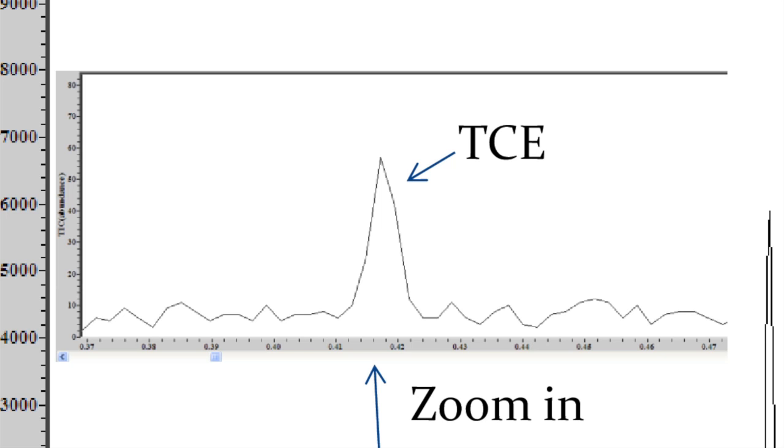In this particular case, we're interested in TCE in groundwater instead of in the soil. And so here's an example of a calibration curve for TCE in water. So again, if we took an unknown and analyzed it, we could read off the peak area and determine the concentration.